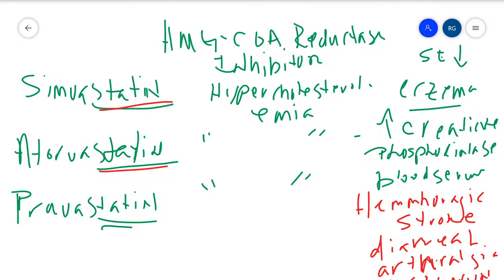So again, they all end in statin for drug class HMG CoA reductase inhibitor, and they all are for hypercholesterolemia. So once you start getting used to all these, write them down on a card or something.